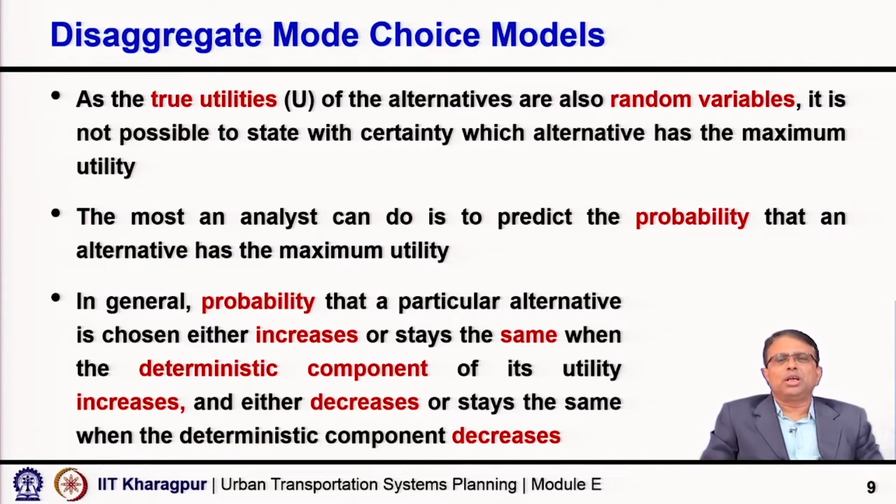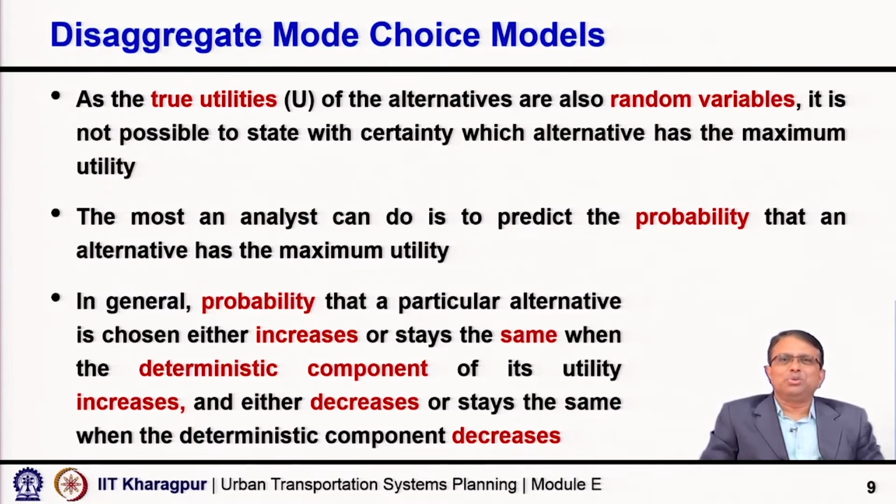So, according to the utility maximization principle, we can tell certainly that this is the mode to be chosen, because the utility is maximum here. In this case, we only know the deterministic component of the utility.